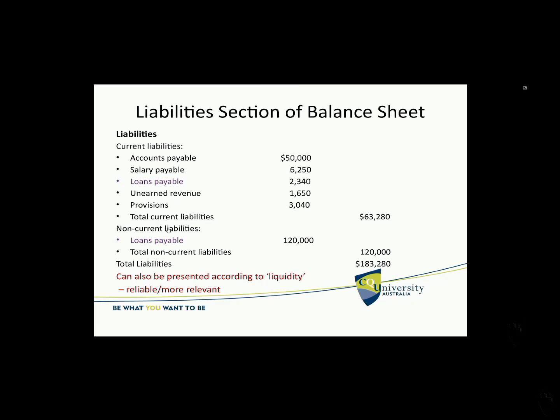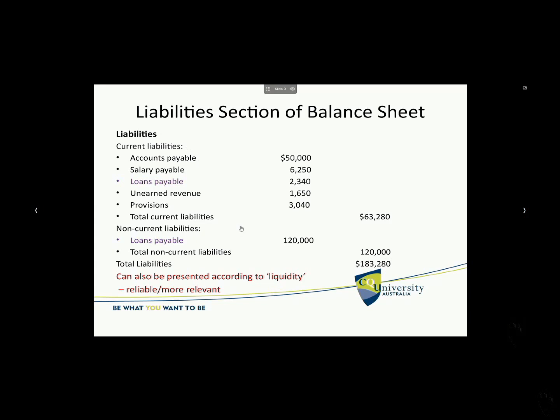But they can also be set up according to liquidity. And Martin, when you listen to his videos and read the study guide, you'll know already that his example company, Ryman, is set up according to liquidity. It's not set up according to current and non-current.